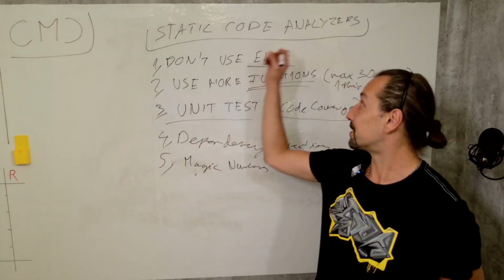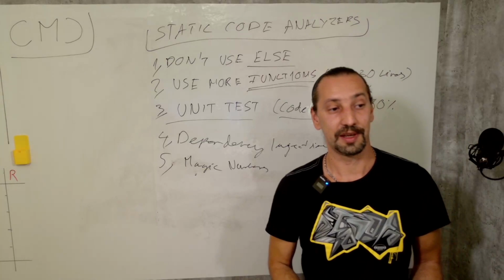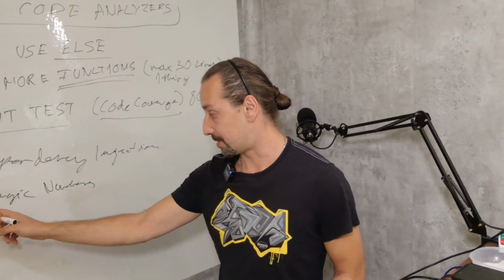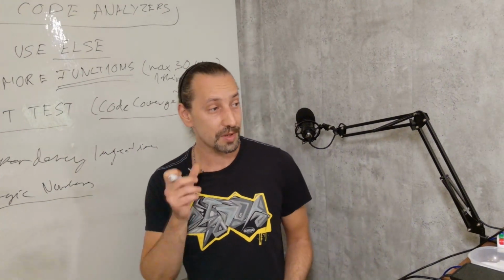And that's a static analyzer issue that will show you that you should focus on magic numbers.